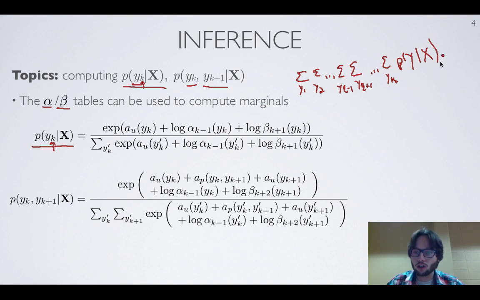Okay, so that's just marginalization, an operation that we know from probability theory gives us now the probability over just y_k at the specific position k.